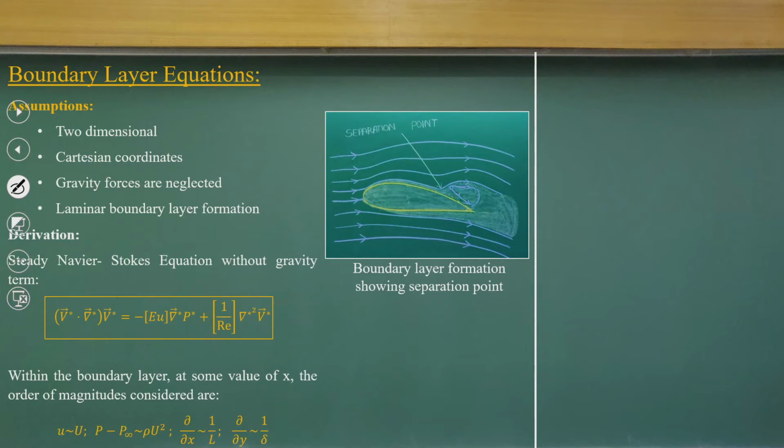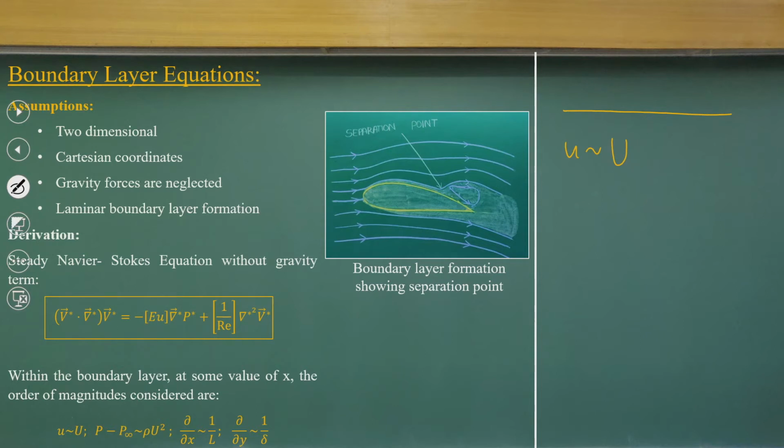So, if you look at the order of magnitude analysis for boundary layer flow problems, the velocity component in the x direction will have, this is the symbol of order, the same order as u, not exactly equal. That is what to remember.